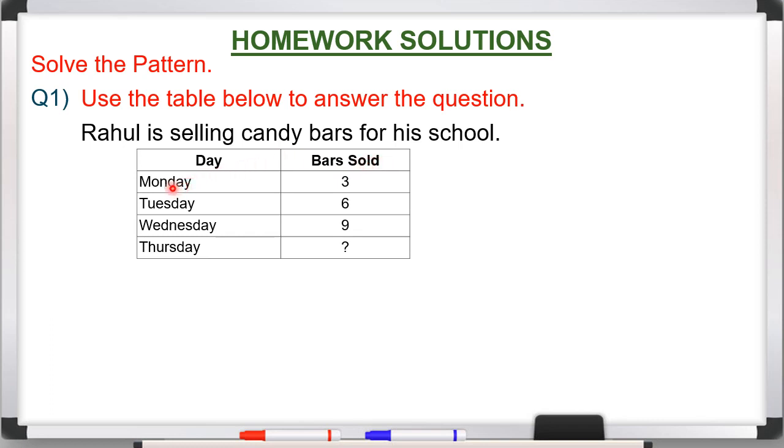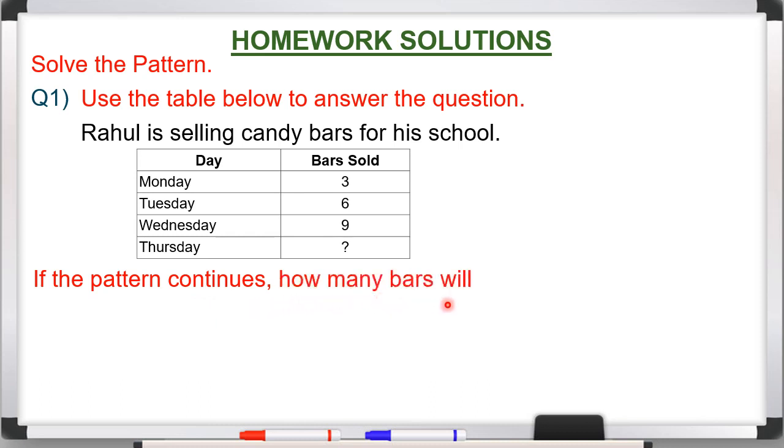So on Monday Rahul sold 3 bars, on Tuesday he sold 6 bars, on Wednesday he sold 9 bars. So on Thursday, here question mark is there, so you have to tell how many bars will he sell on Thursday. If the pattern continues, how many bars will Rahul sell on Thursday?